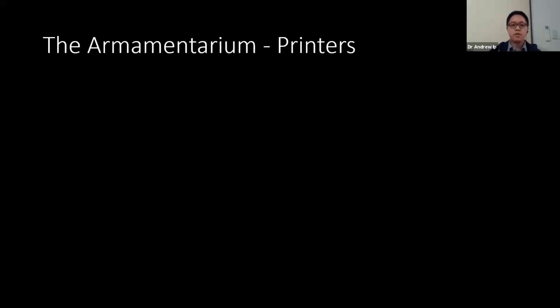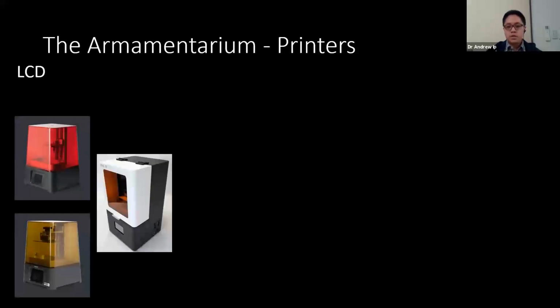So, 3D printers. There are generally 3 types. Your basic type is the LCD 3D printer. Essentially, all 3D printers work in the same fashion: you have a light source and your resin, which is UV light cured.